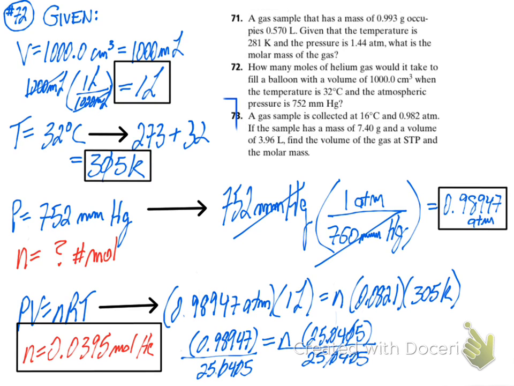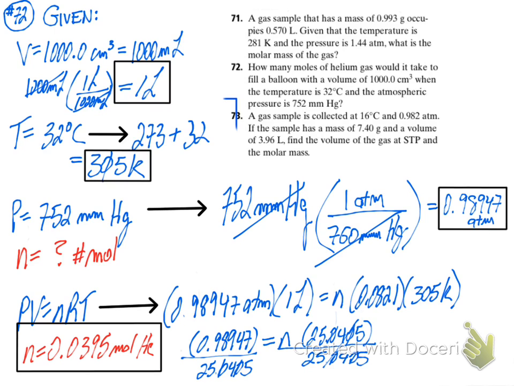the identity property of mathematics. Okay, and the other side, 0.0821 times 305 is going to get us 25.0405. And then I simply divide both sides by 25.0405 to get n by itself. And when I do so, I come away with an n value of 0.0395 moles of helium.